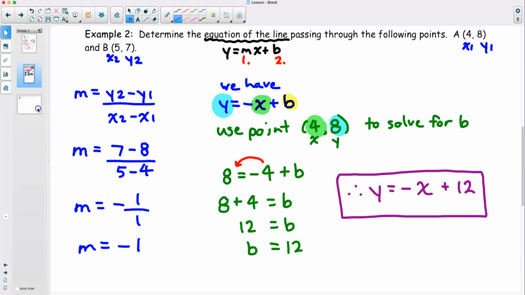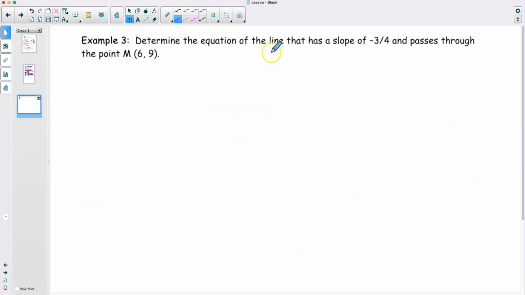Okay, let's take a look at our last example. Example 3: determine the equation of a line that has a slope of minus 3 over 4 and passes through the point 6 and 9. So again, we want to find the equation of a line, so our goal is to have something that looks like y equals mx plus b.